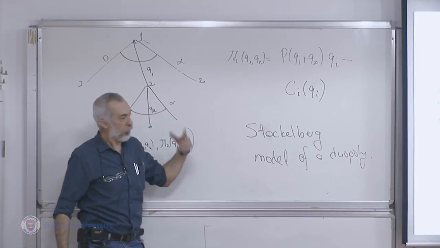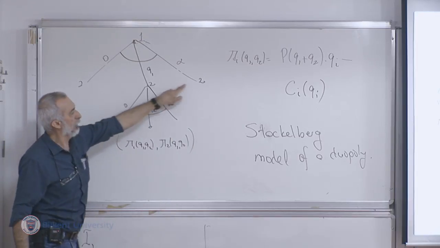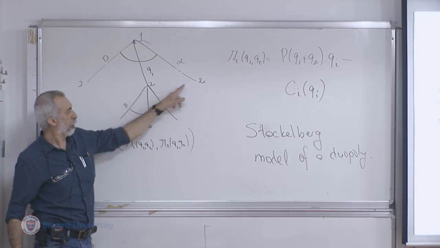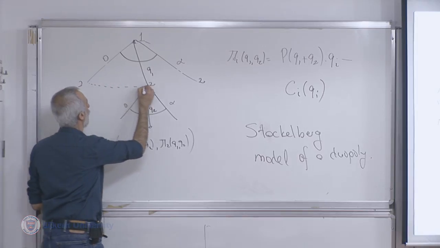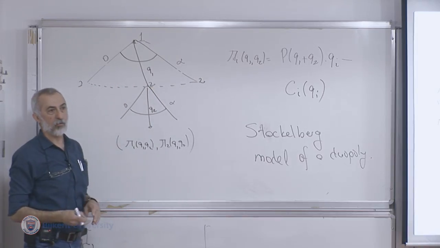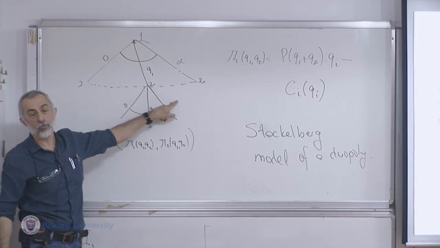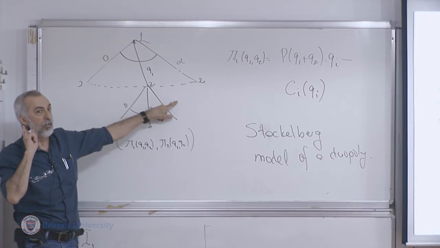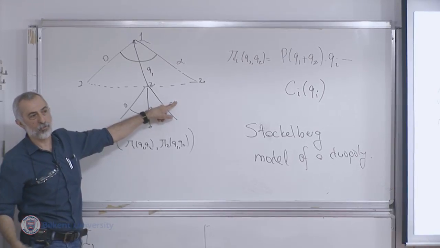So we will work on more complicated models. By the way, these nodes are not dotted. I could have had something like that, which, if I had dots here, would correspond to Cournot's duopoly, exactly.